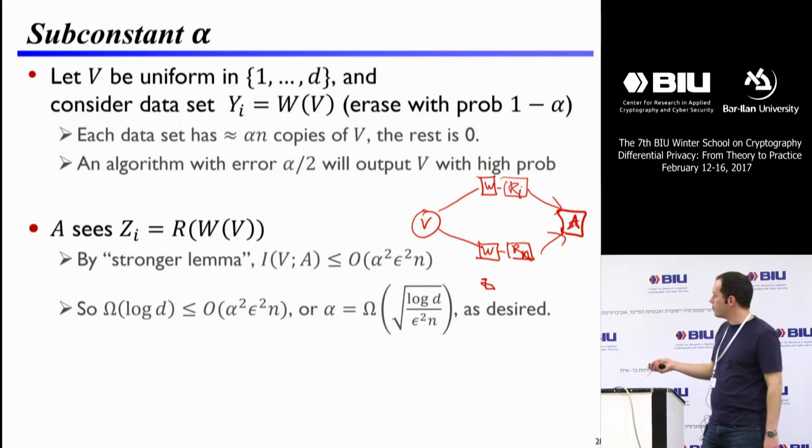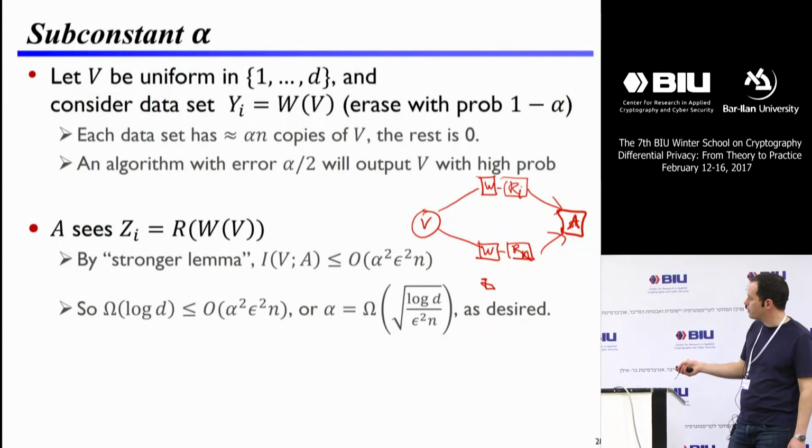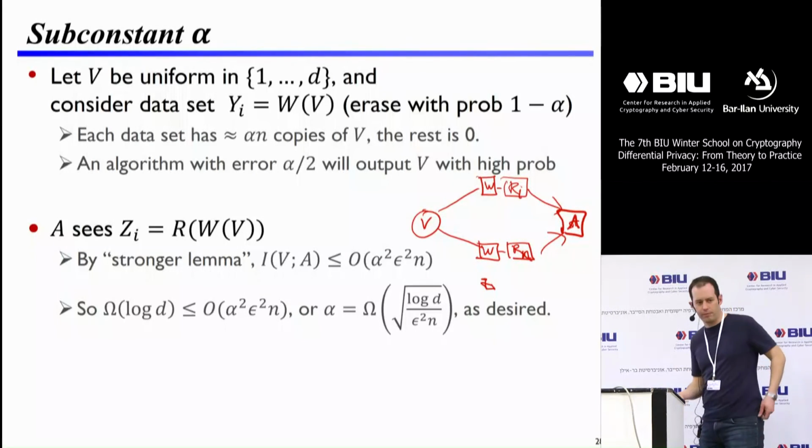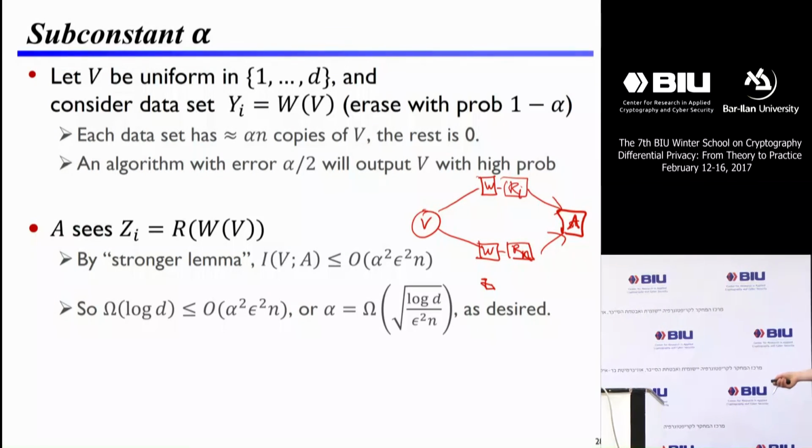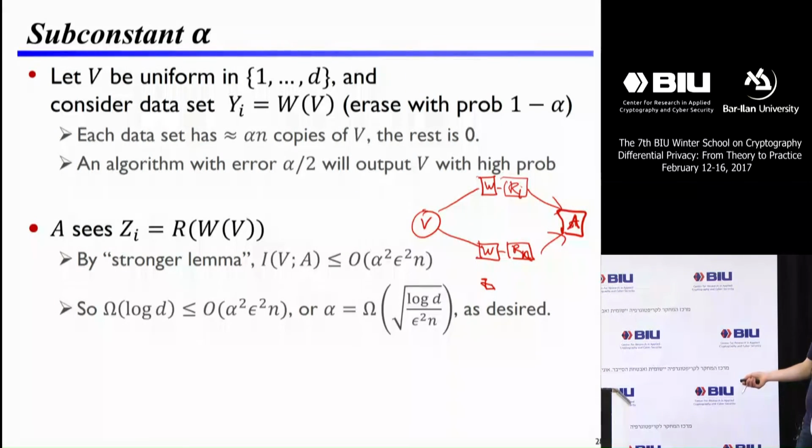What matters is how many bits are leaked by the composition of W and R, and this is the stronger lemma that we had on the previous slide. By the way, this lemma is not named after someone named Stronger. It's just stronger. The stronger lemma gives us this alpha squared dependency, and so we pick up a factor of alpha squared in our lower bound. So now log d has to be at least alpha squared epsilon squared n. And then when we solve for alpha, we get the thing we want.